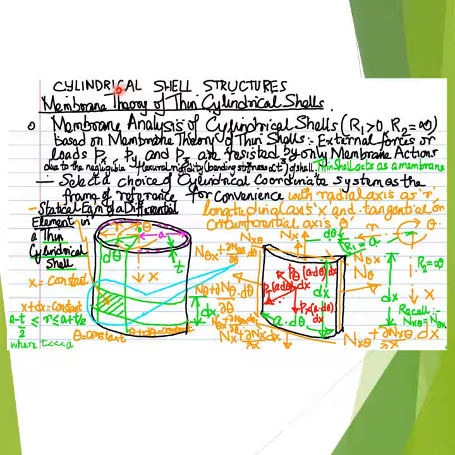in-plane or membrane actions, since the negligible flexural rigidity or negligible bending stiffness of a thin shell reduces or diminishes the out of plane bending moments and the out of plane torsional moments resisted by the thin shell to a negligible value.